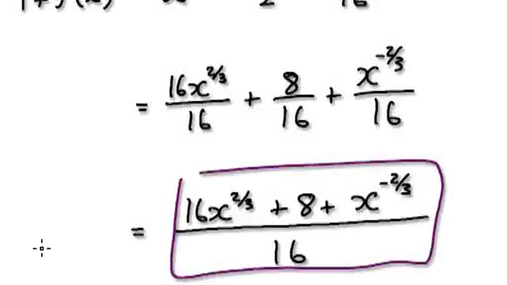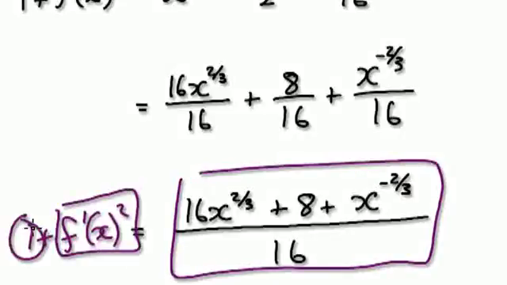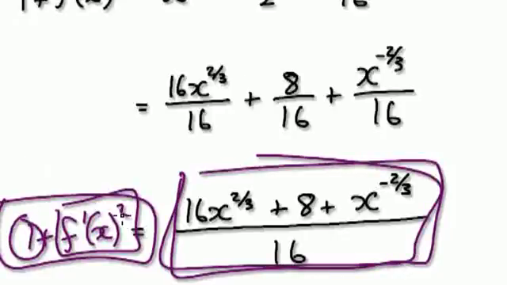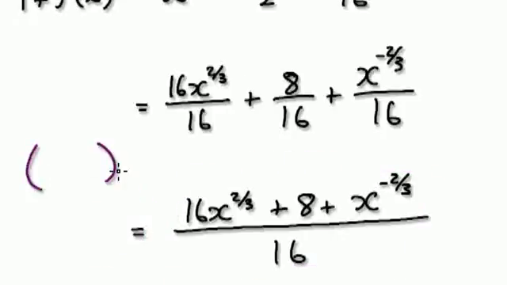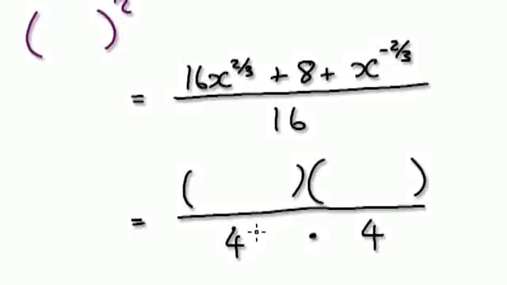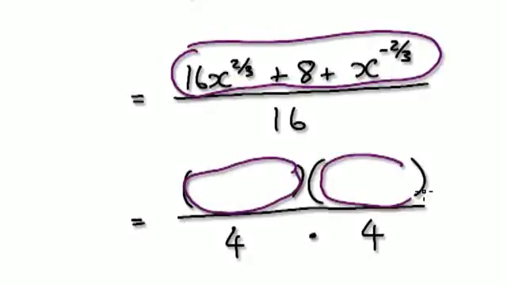So you can see that at the moment we've got 1 plus f prime of x. So we've got this thing squared plus 1. So this thing here equals this thing here. But we want to write it in the form of something squared. Something squared is really you trying to write this whole thing here as something times by itself.